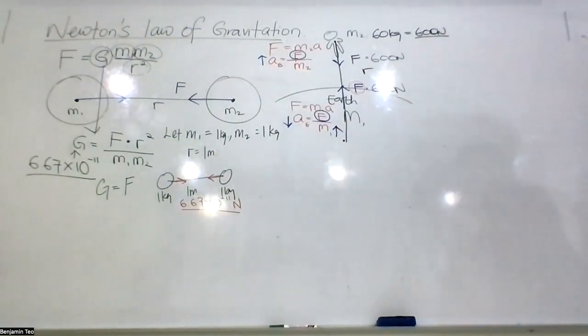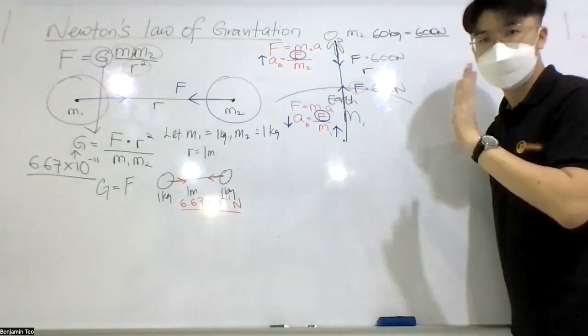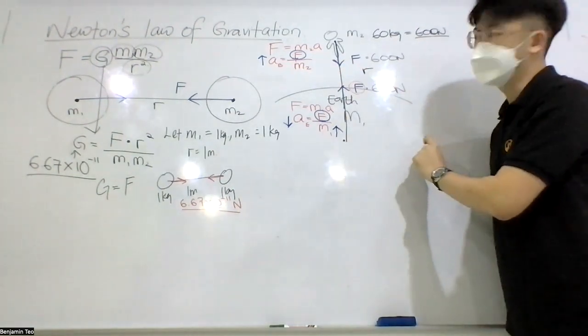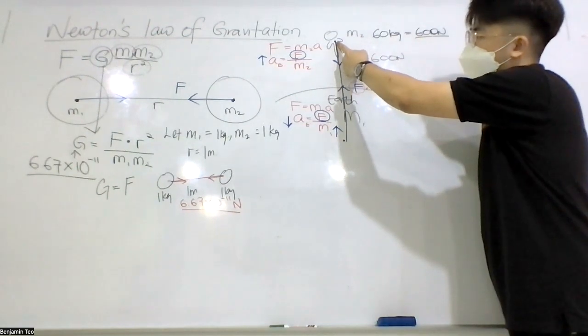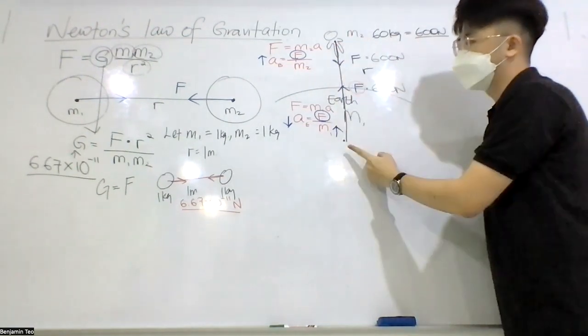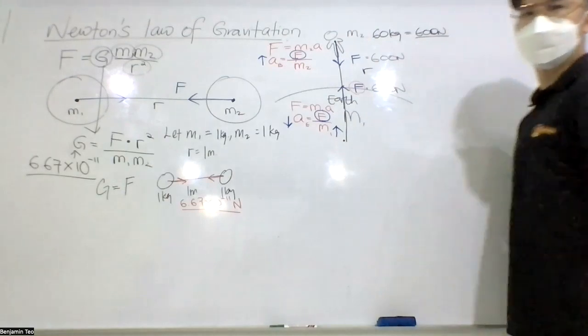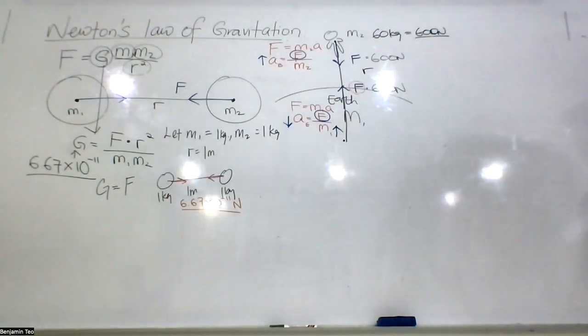Again, the force of gravity is the same for two bodies, but the effect of the force, that means the acceleration, is not the same. The force creates greater acceleration on you than it does on the Earth because of the mass.